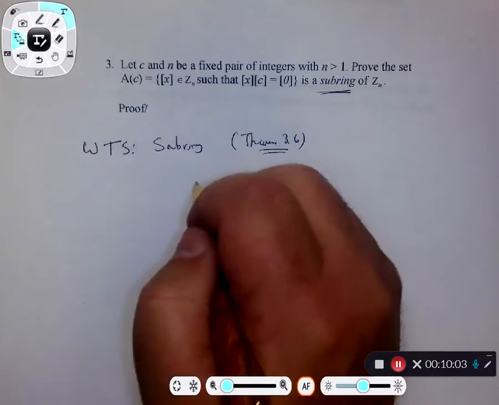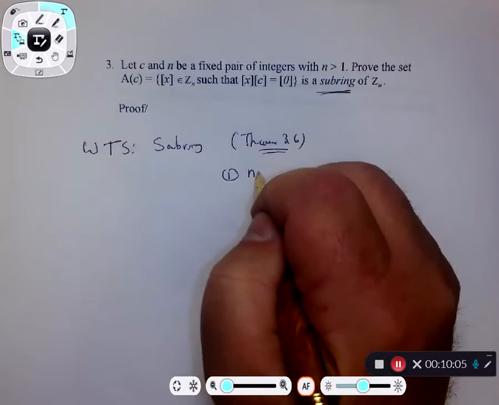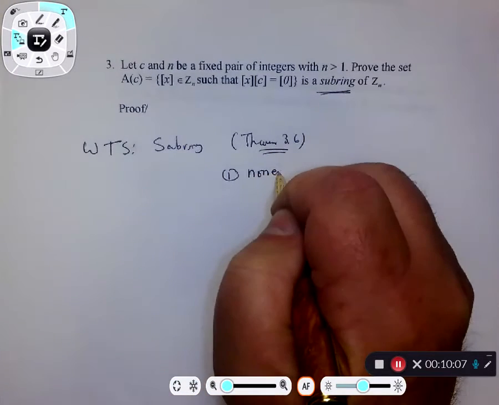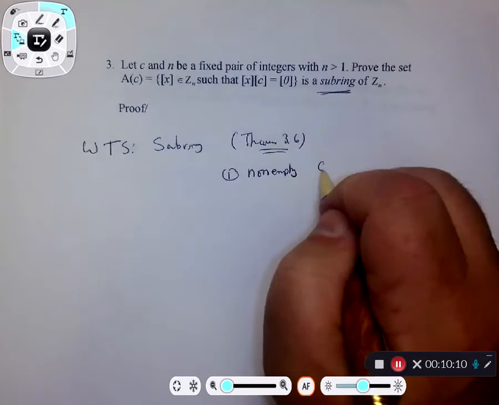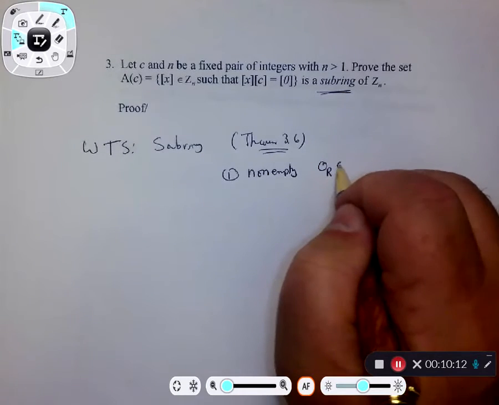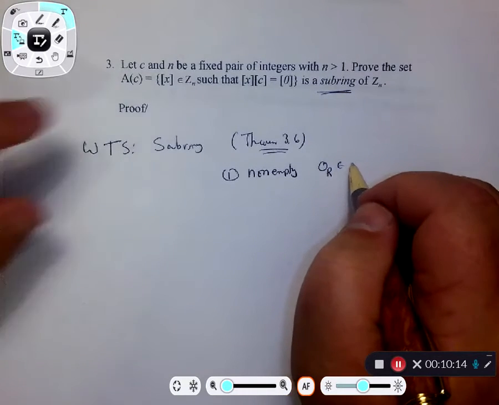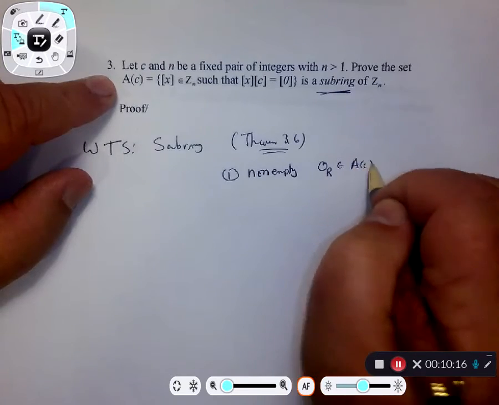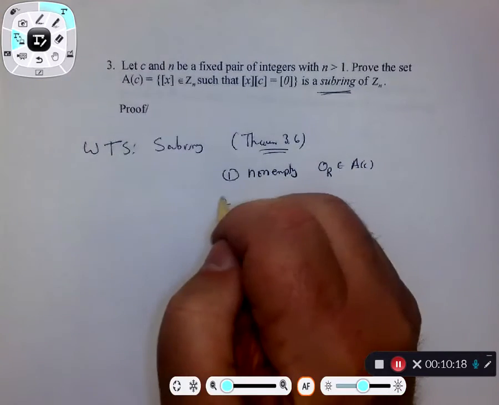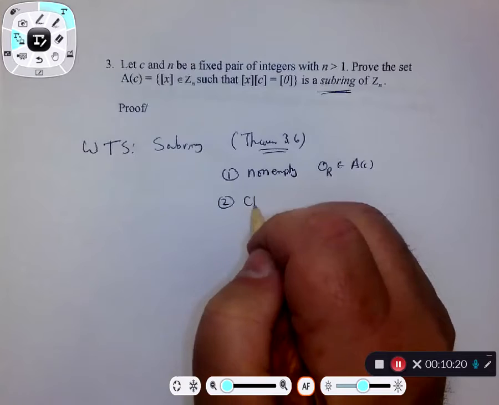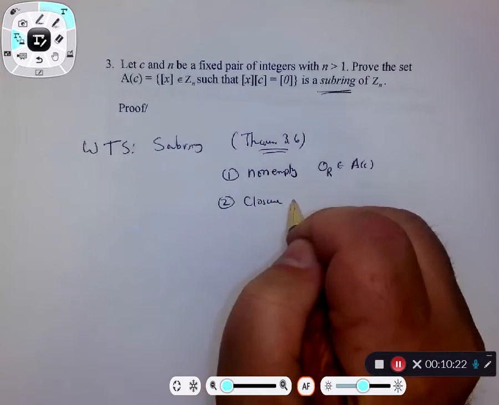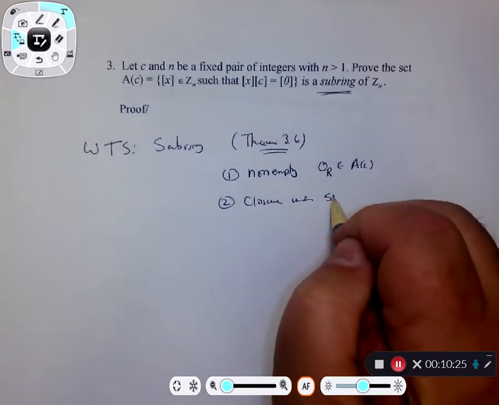To show this, you got to show it's, one, non-empty. To show it's non-empty, you want to show 0R is an element of whatever set we're talking about, the AX set here, the AC set here. The second thing you want to do is show closure under subtraction.